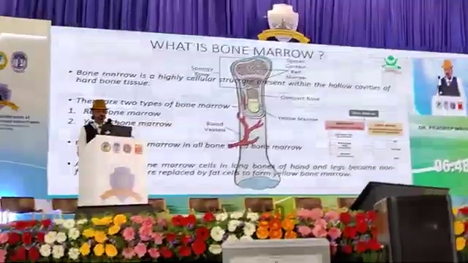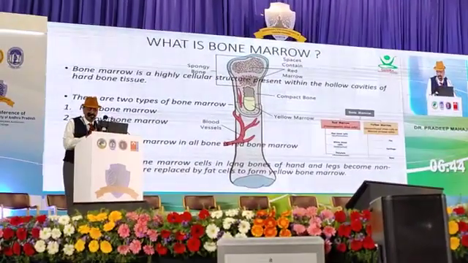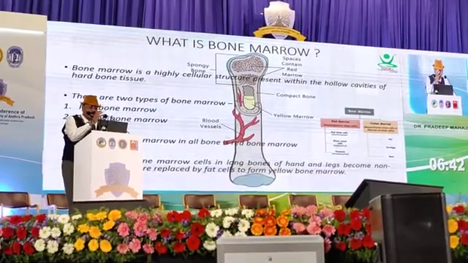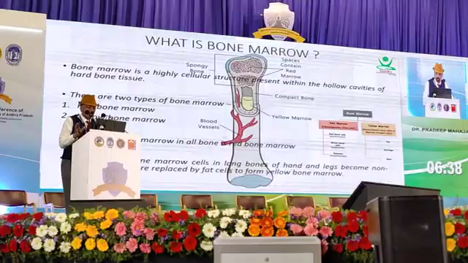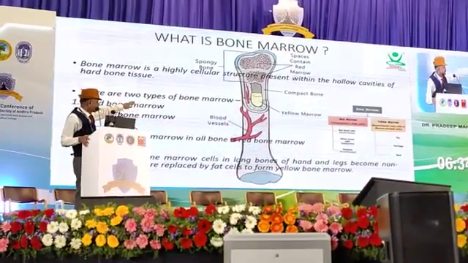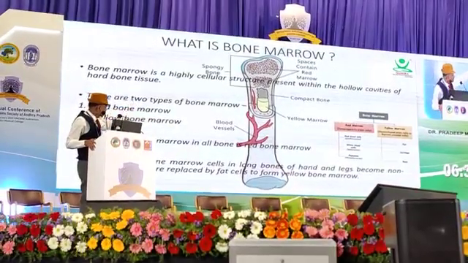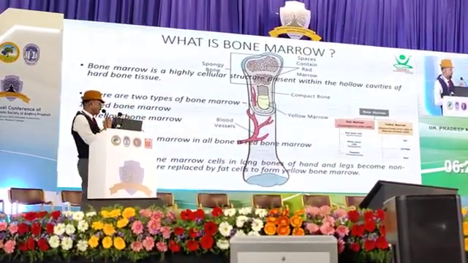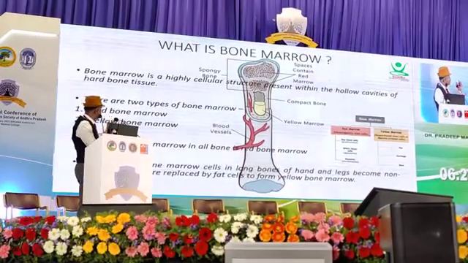Yellow bone marrow is replaced over a period of time, replacing the red bone marrow, which is present as spongy bone at the ends, whereas in the center is yellow bone marrow. The ratio I have given you, the presence of mesenchymal cells and hematopoietic cells, how they work. And the presence of these structures along with the dense bone tissue around represents one organ.